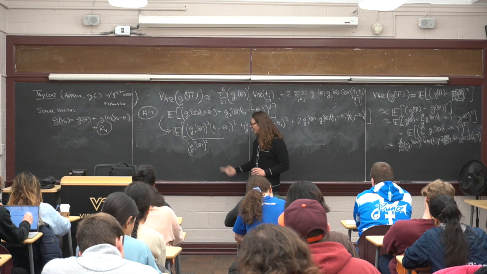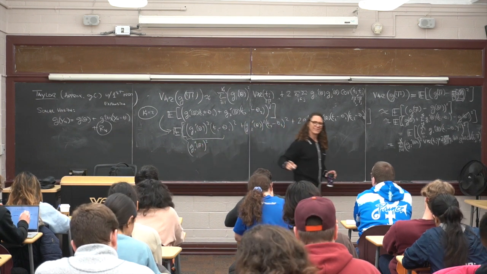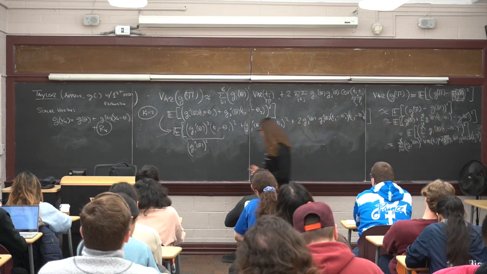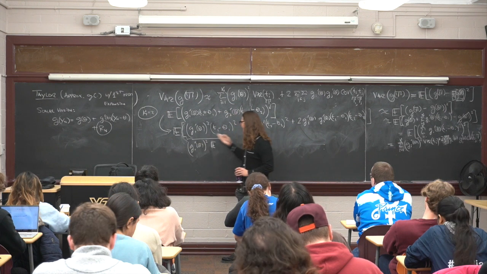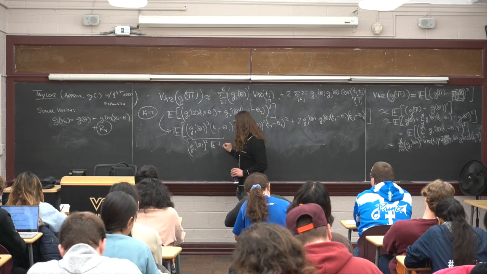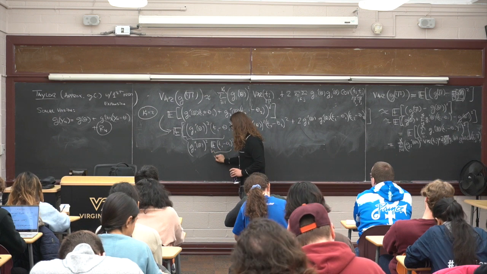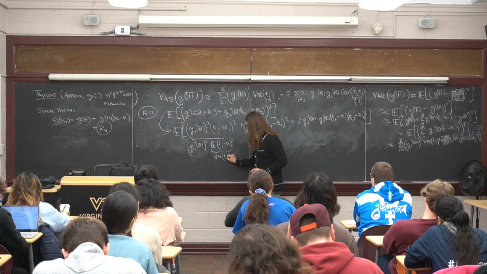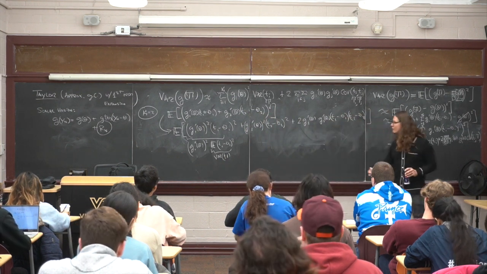I think the reason I have such a hard time with that square is I already do something in the exponent, so then I give up on it. So this is going to be the expectation, once I slide that expectation over, of T_1 minus theta_1 squared. That's the definition of variance of T_1. And if you want to make them cap T's, go ahead. So that's just that variance.